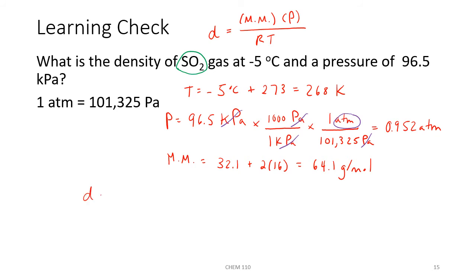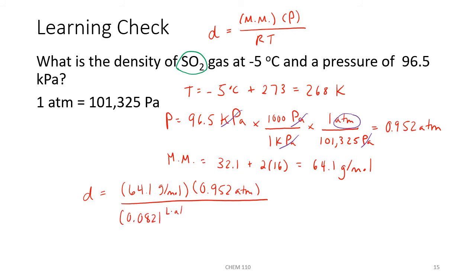Our density can be calculated by taking our molar mass, 64.1 grams per mole, times our pressure, which was 0.952 atmospheres, divided by our gas law constant, 0.0821 liter atmospheres over mole Kelvin, times our temperature, 268 Kelvin.